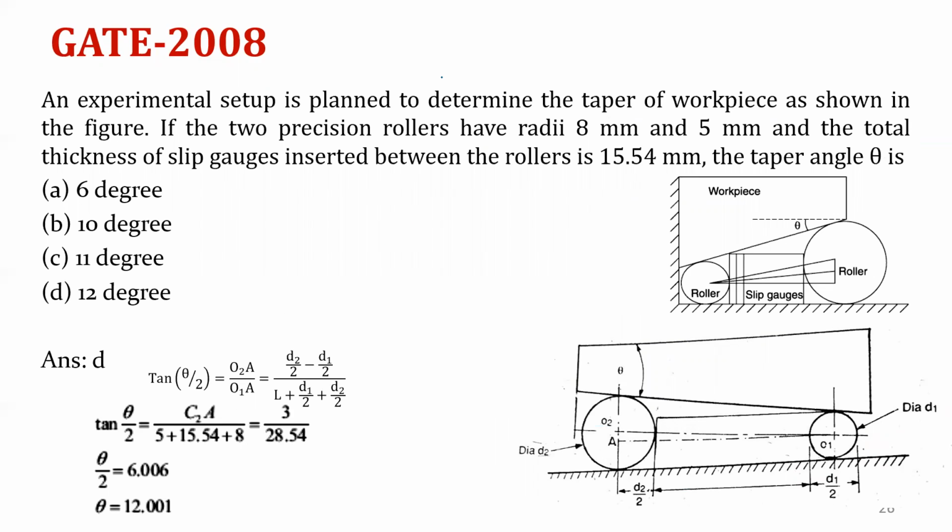An experimental setup is planned to determine the taper of a workpiece as shown in the figure. If the 2 precision rolls have radii 8 mm and 5 mm, and the total thickness of slip gauges inserted between the rollers is 15.54 mm.